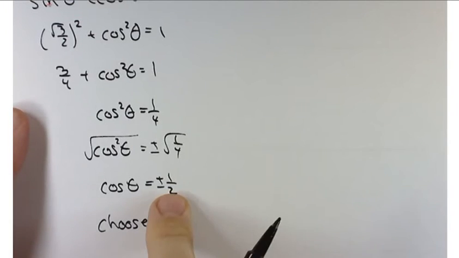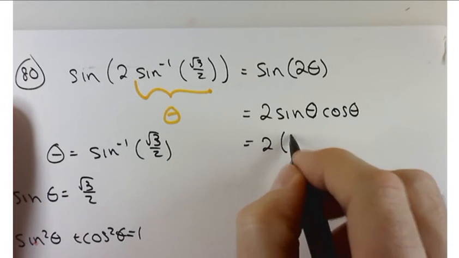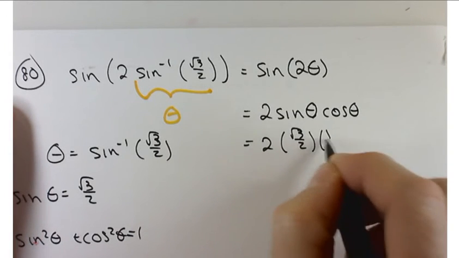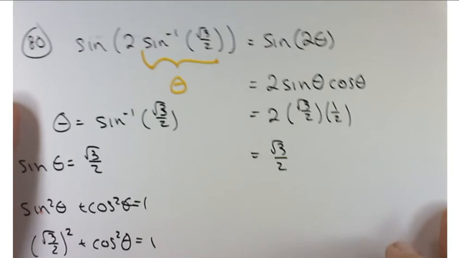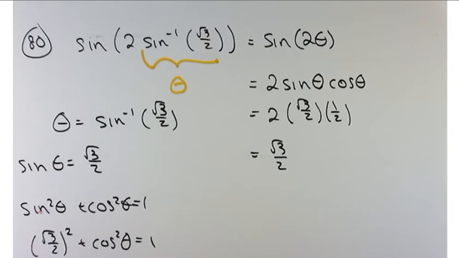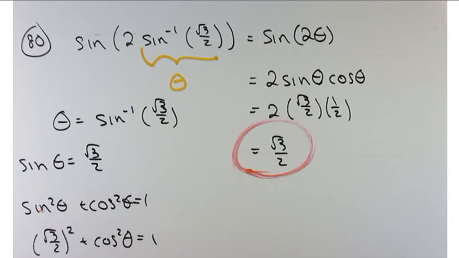So we came a long way to figure out that the cosine of theta was 1/2. If I fill that in here, 2 times square root of 3/2 times 1/2 gives you root 3/2. Kind of a repeat of the problem that we started this whole thing out with, just a little bit more window dressing in terms of how we set it up. That's it.